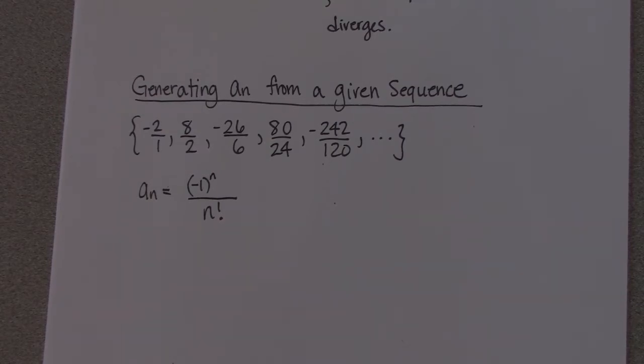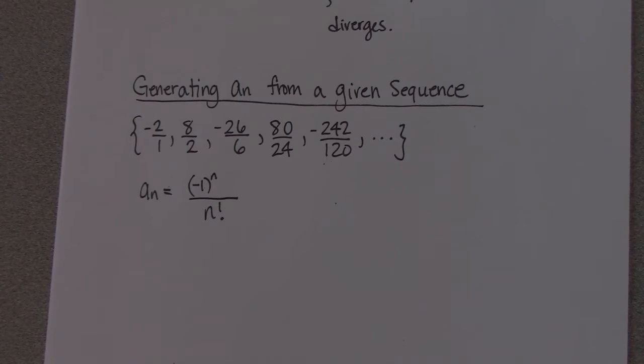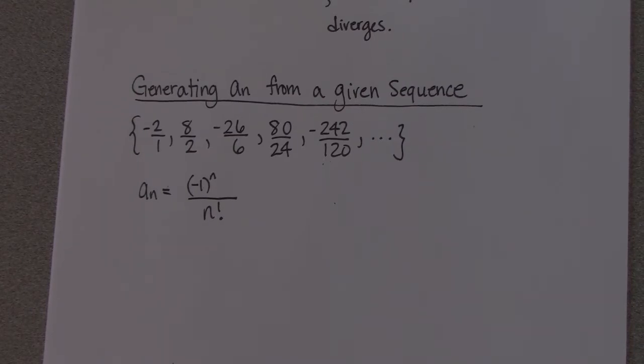So the numbers in the numerator are a little tricky. The first two look like powers of 2, but then 26 is clearly nowhere near a power of 2.